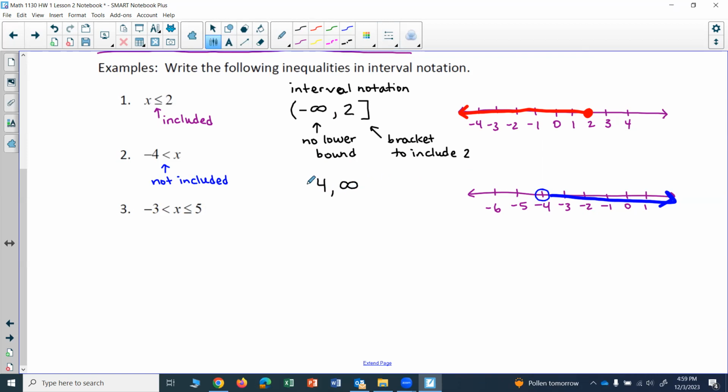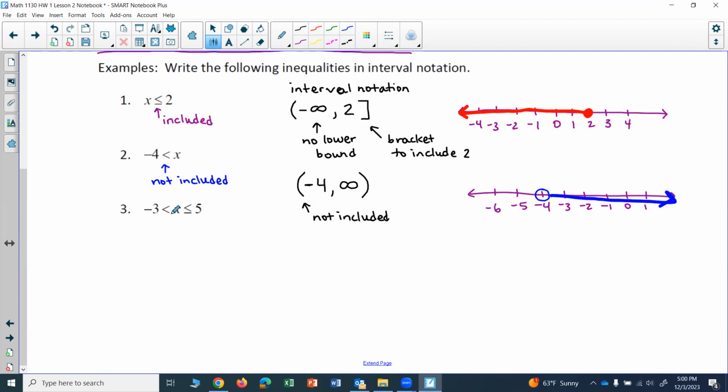Because the -4 is not included, it would use a parenthesis, so not included. And then infinity always uses a parenthesis. Now this is an interval of x values. We never think of it as like an ordered pair. It would be a lowest x to a highest x.